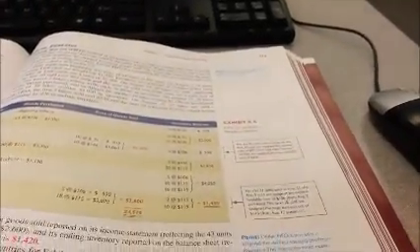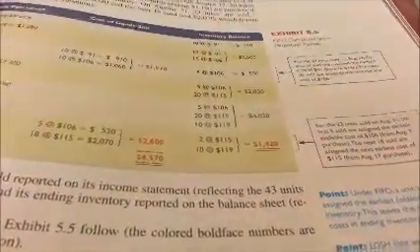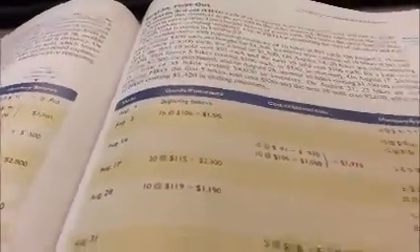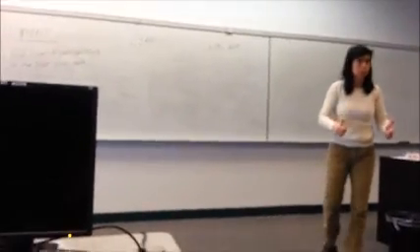Those 12 units remaining in ending inventory will become my beginning inventory amount in the next period, but you don't have to worry about that. If you can get this far, you're good for this chapter.